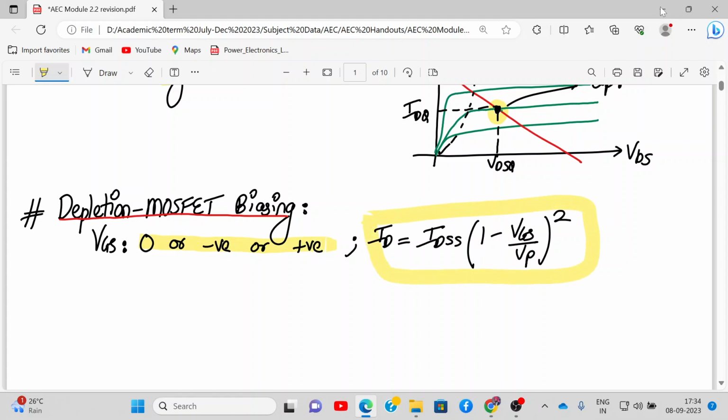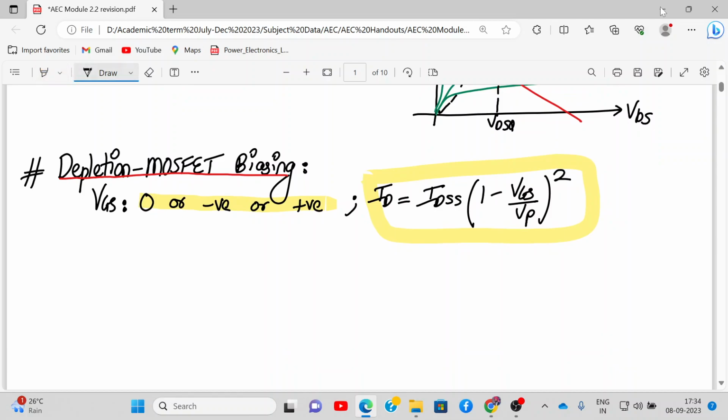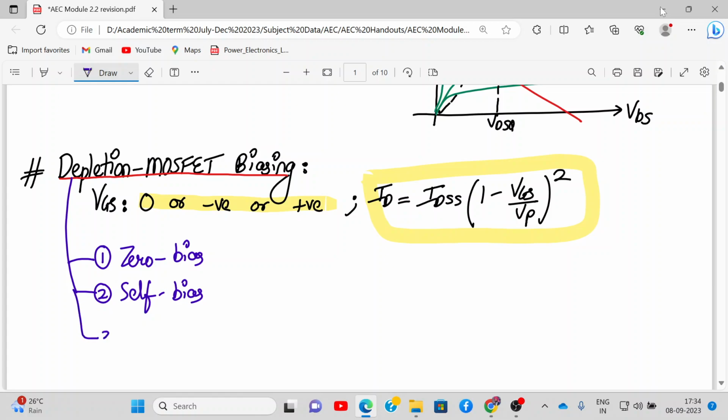This is for depletion type MOSFET biasing. There are 3 types in it. First type is zero bias, second type is self bias, and the third type is voltage divider bias.